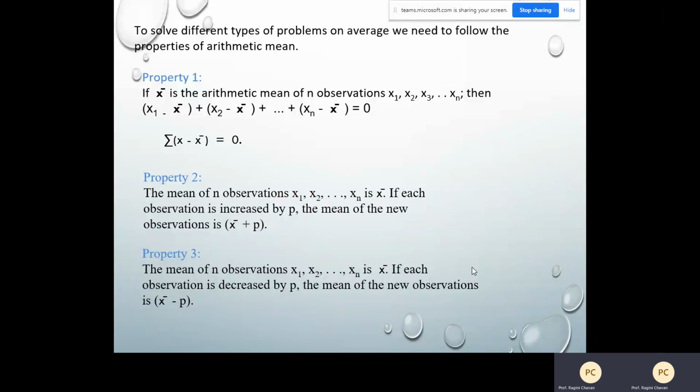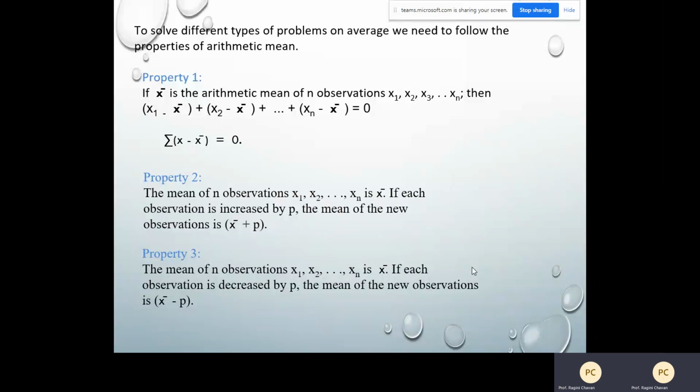Similarly, we are having property 3 as, if the mean of n observations is x bar and if each observation is decreased by p, then mean of new observation is also decreased by p and it is coming x bar minus p. So p is indicating one of the constant numbers, that is the constant number which we are adding and subtracting from every observation, and it is changing value of arithmetic mean.